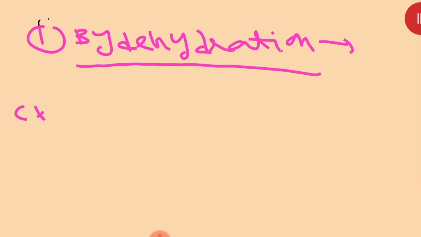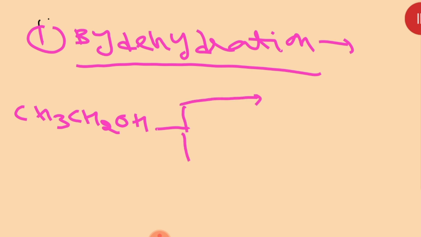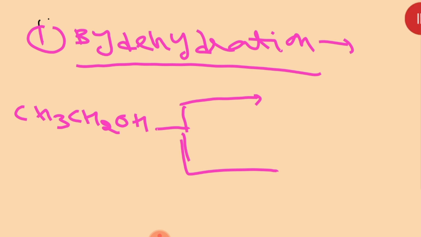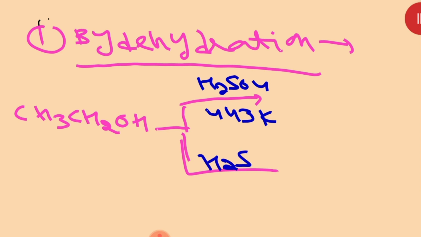You must see CH3CH2OH, then in case of this one, this is the H2SO4 at 443 Kelvin. Two types of reactions we can give. One is H2SO4 with 413 Kelvin.